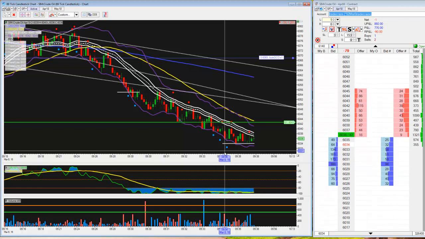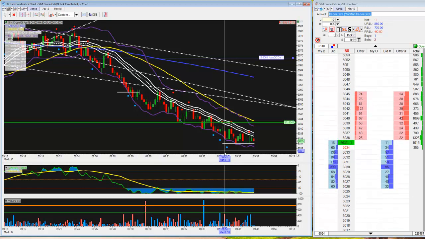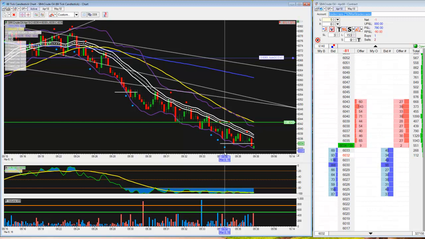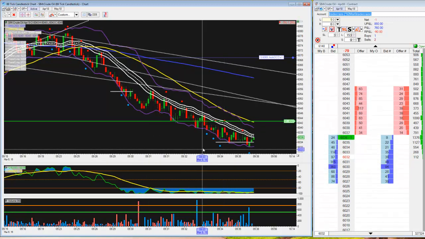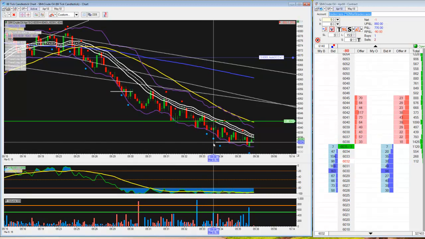I mean, I believe that we've got that 60 handle on today. It's a matter of how far can we fall under 60. There it is. 4P hit right there. 60.34.